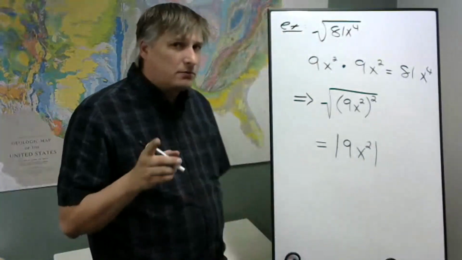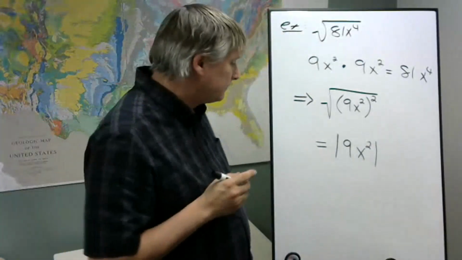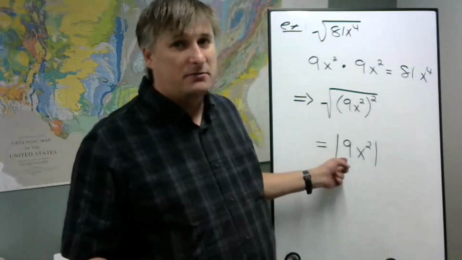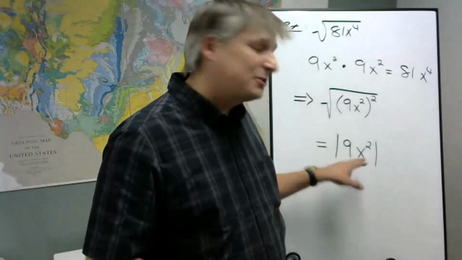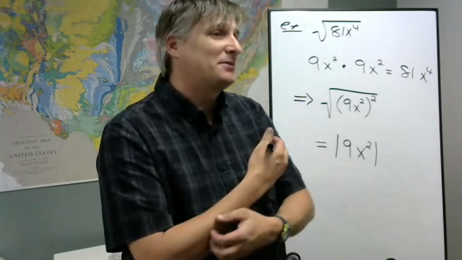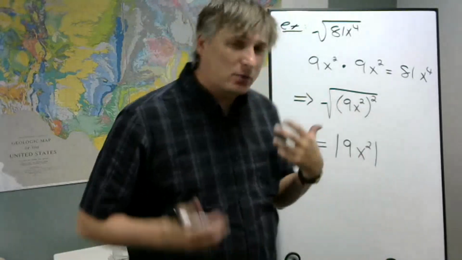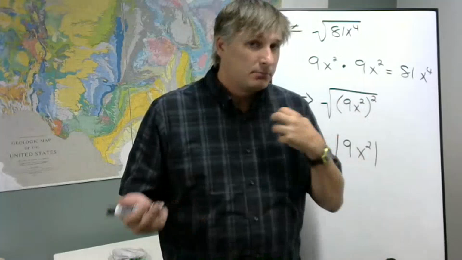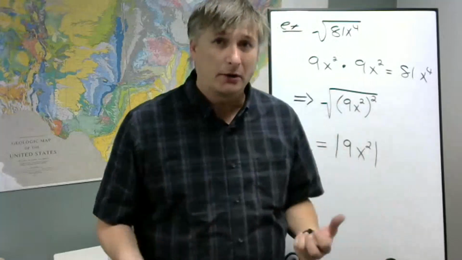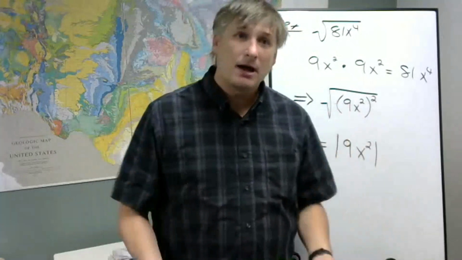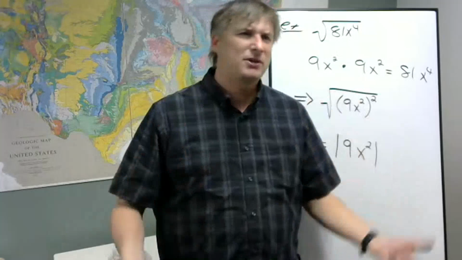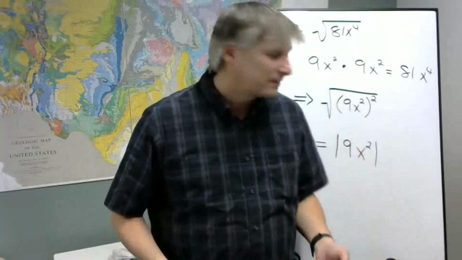Now, we can take this a little further. 9 is a positive number. Now, x squared, until we get into complex numbers, no matter what number we choose for x, positive or negative, when we square it, it becomes positive. Remember, -3 times -3 gives you +9.